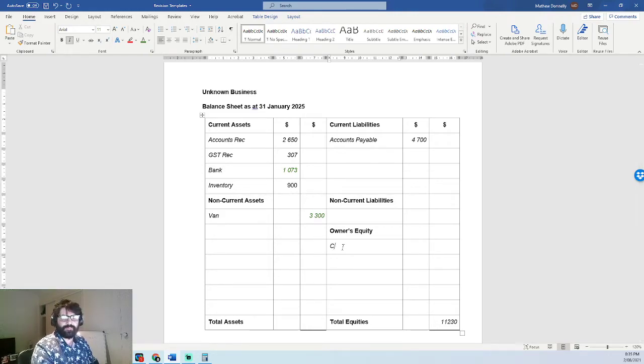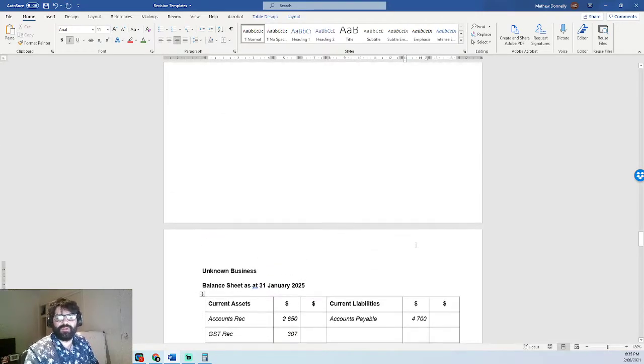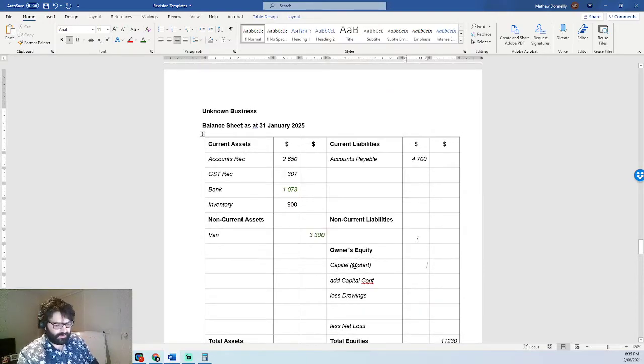So we go capital at start. Now, normally you would write whoever the owner's name is, but I want to go capital at start, add capital contribution, subtotal, less drawings, less net loss. There we go. So capital at start, obviously 0, it's a new business.